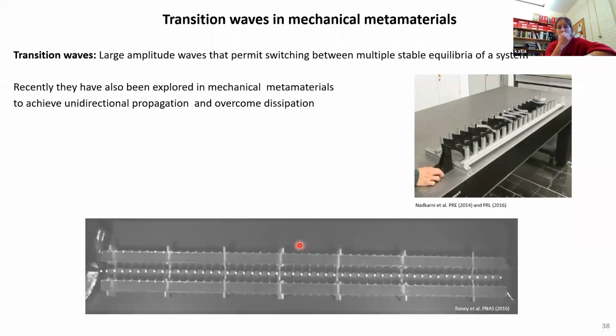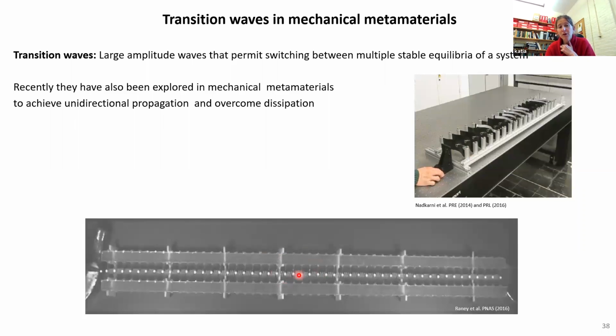These transition waves have recently also been explored by the metamaterial community to manipulate the propagation of signals. For example, in this case you get unidirectional propagation, because if the two energy wells are at different levels, then you can only go from the higher energy level to the lower one.